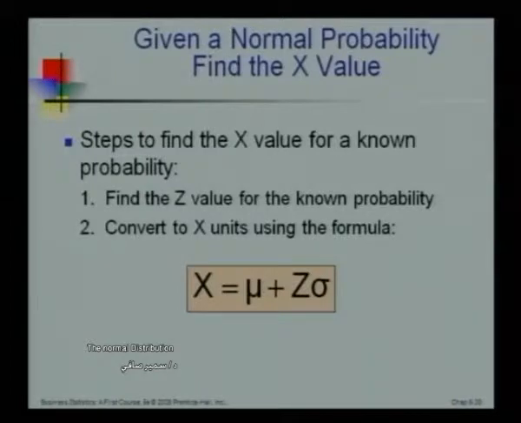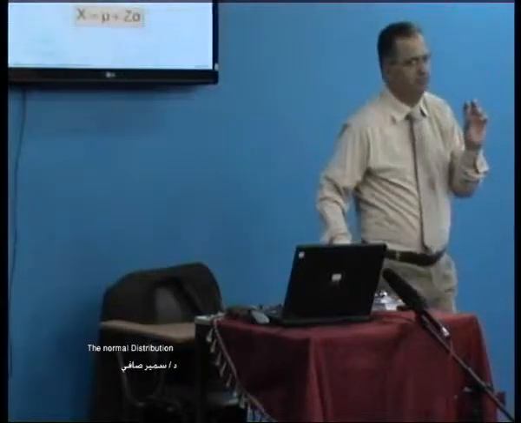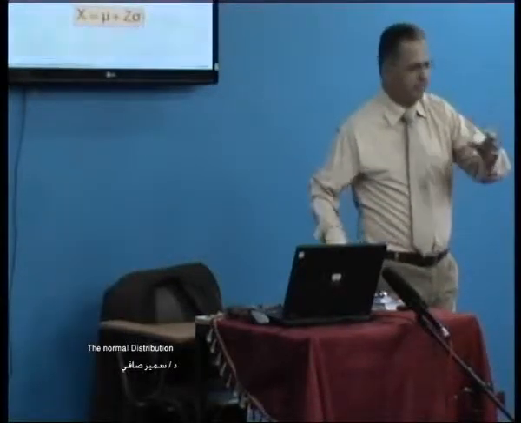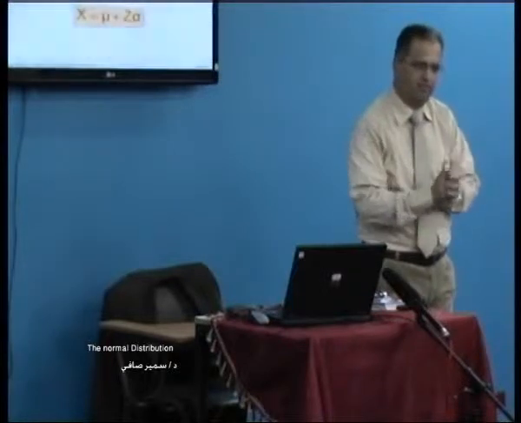And now the new topic is how can we find the x value if the probability is given. It's vice versa. In the previous questions we were asked to find the probability, for example, if x is smaller than a certain number.